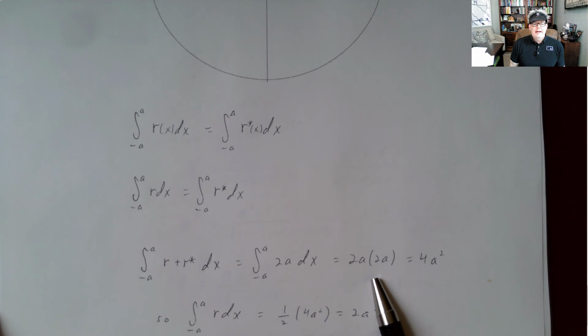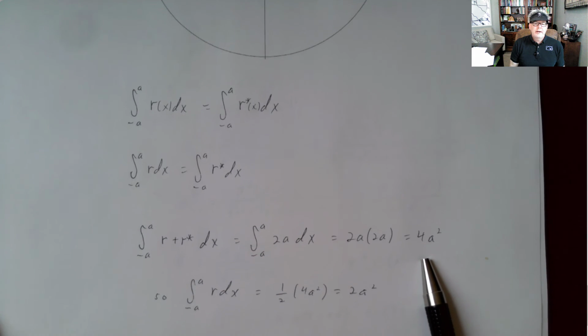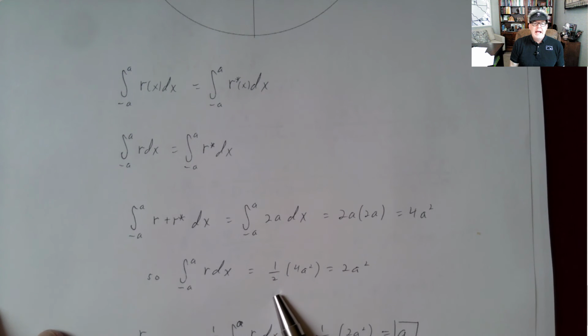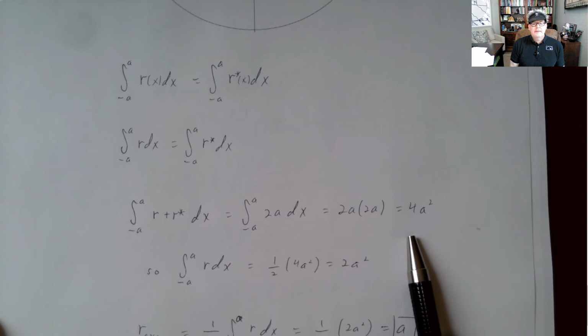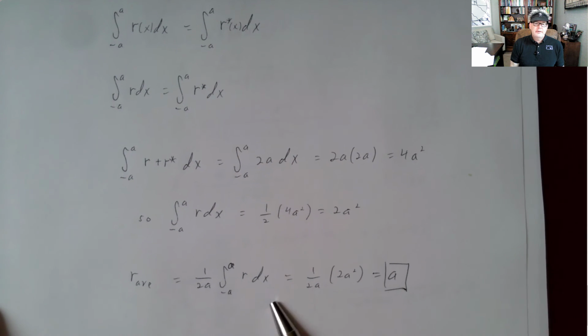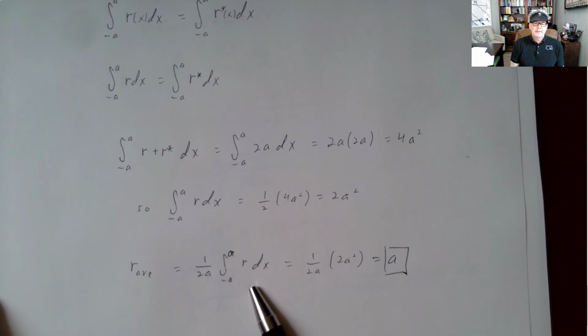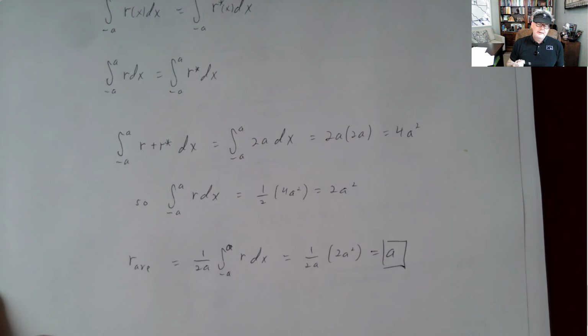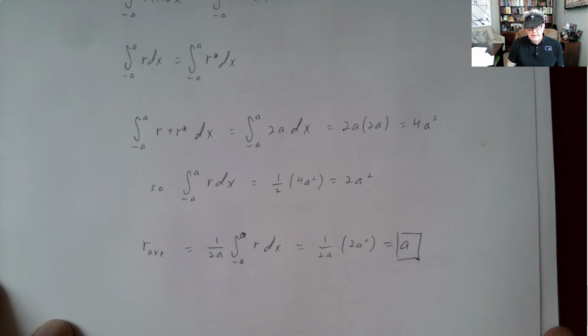So it'll be 2a times the length of the interval, or 4a squared. So each one will be half of that amount, so 2a squared. So the average value is 1 over the length of the interval times that integral. So that argument worked here as well.